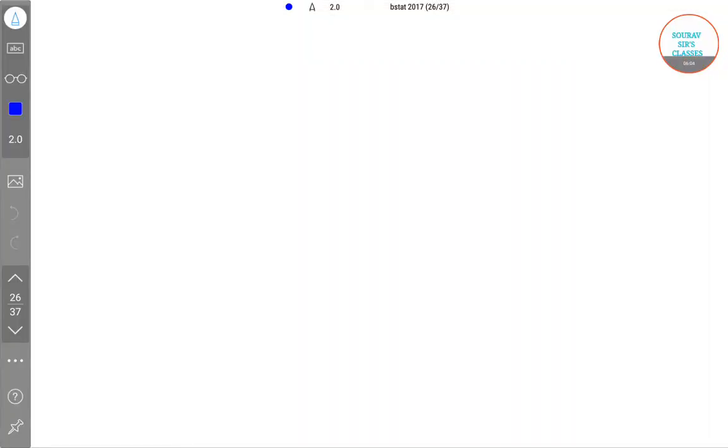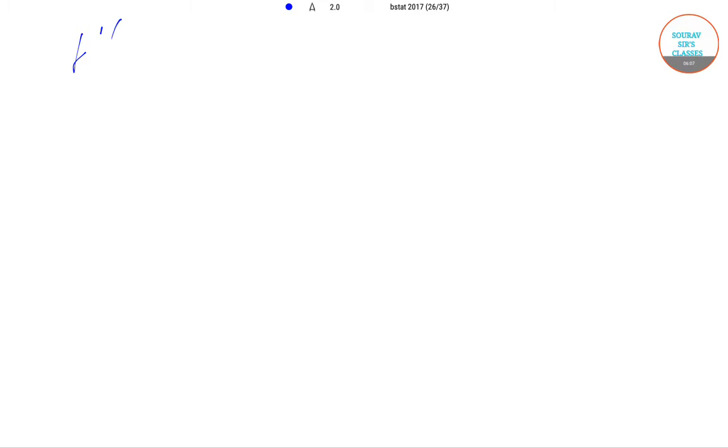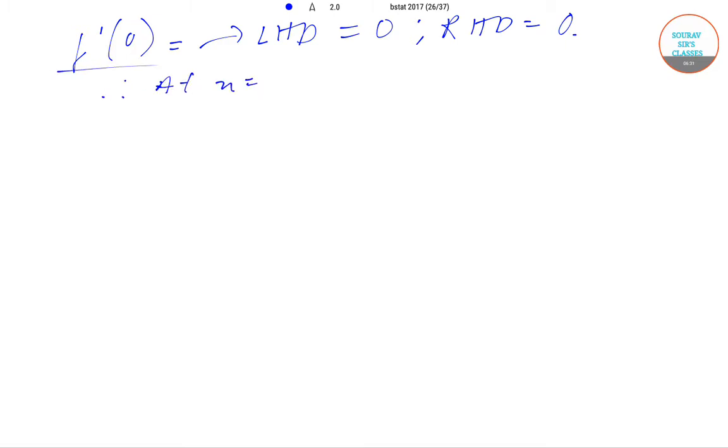What we'll do is try to find out f dash of 0. We'll see that here the left hand derivative is equal to 0, and also the right hand derivative is equal to 0. I'm not solving this, you need to solve this yourself. At x equal to 0, f of x is differentiable.